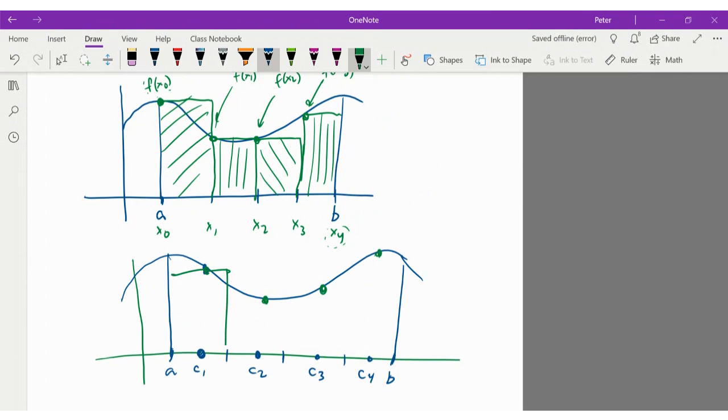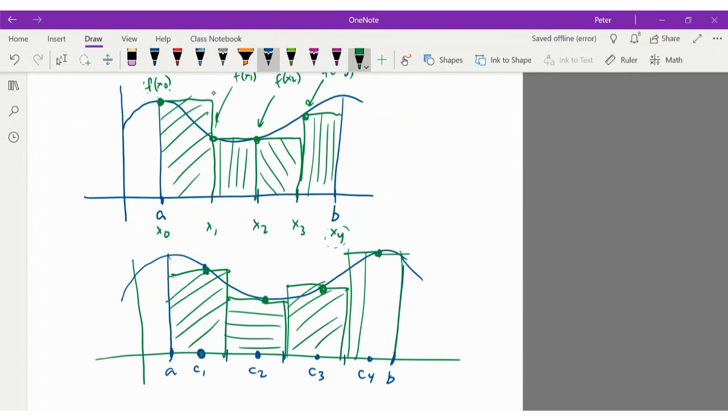So now I get rectangles that look like this, that, and like that. So there we go.